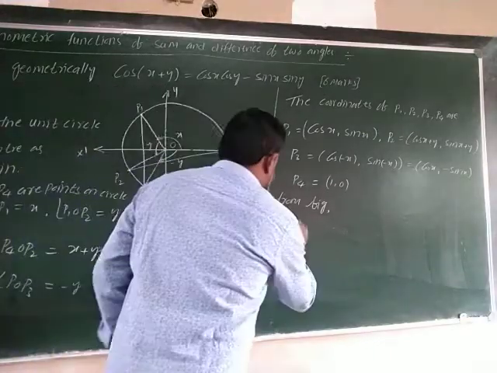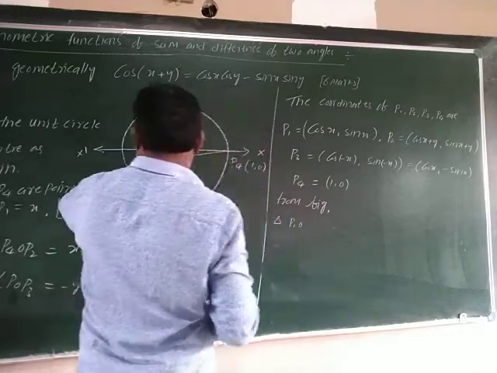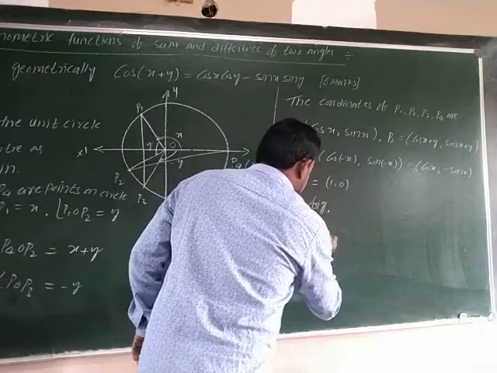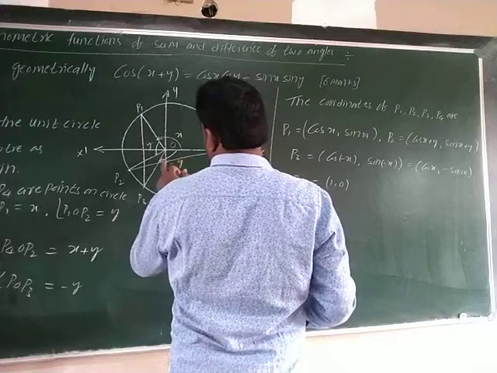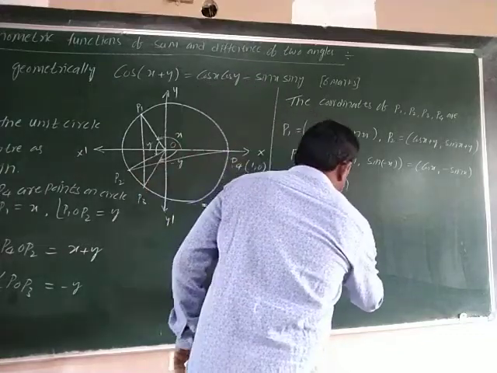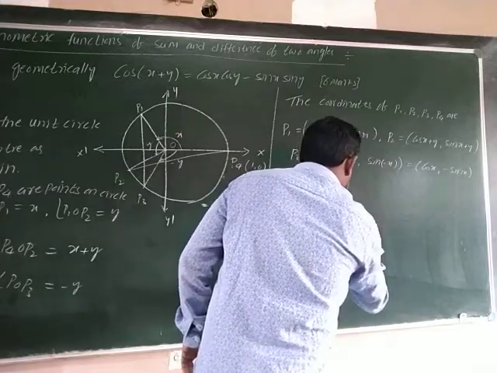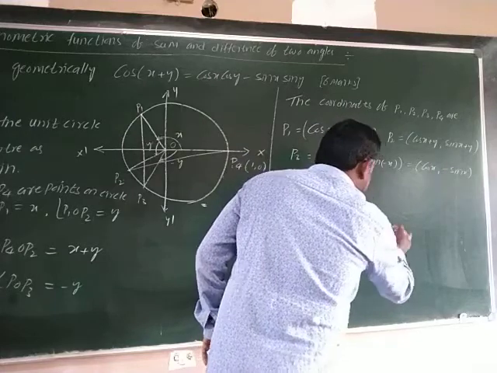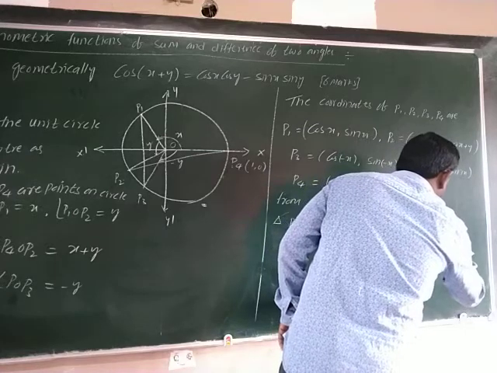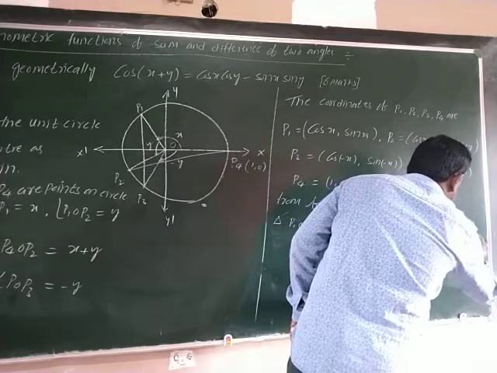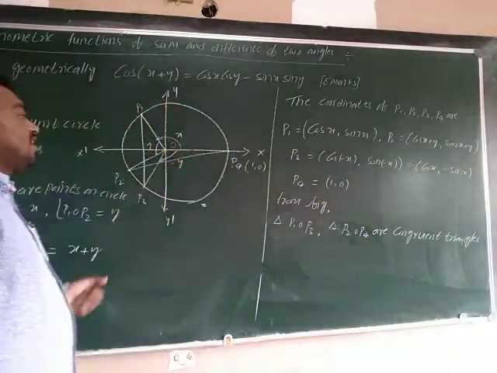What are they? Triangle P1 O P3 and triangle P4 O P2 are congruent triangles. Why are those congruent triangles?